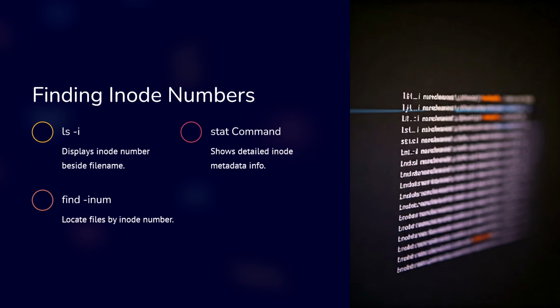The stat command shows detailed inode metadata information, for example permissions, timestamps, etc. Third one is find space dash inum. This locates a file by inode number. This is all about finding inode numbers. These commands are used to find a specific inode number and display the file name.